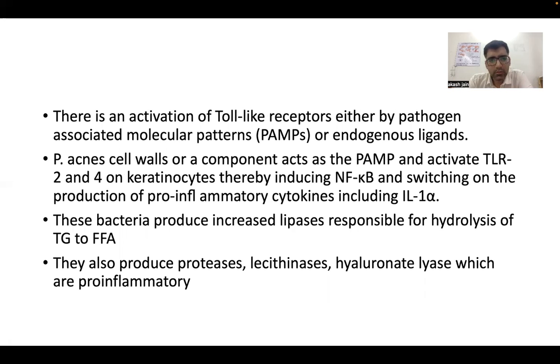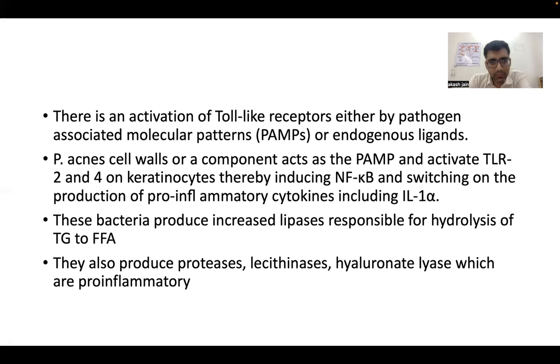Now, because of this, there is activation of toll-like receptors either by the pathogen-associated molecular patterns or endogenous ligands. The Propionibacterium acnes cell wall or a component acts as a PAMP and activates toll-like receptor 2 and 4 on keratinocytes, thereby inducing nuclear factor kappa B and switching on the production of pro-inflammatory cytokine interleukin 1 alpha.